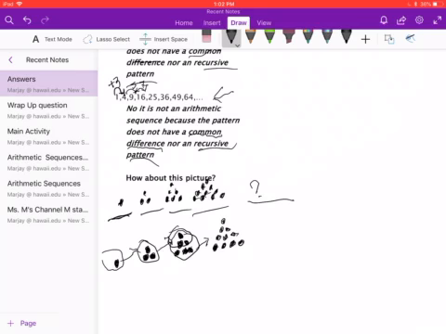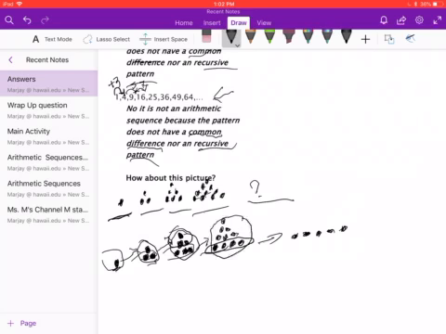So if this has 1, this has 2 on the bottom, and this has 3 on the bottom, and this has 4 on the bottom, how many balls are going to be on the bottom of our 5th figure? Yes, 5. 3, 4, and 5.